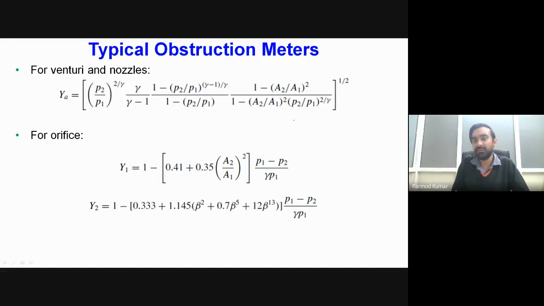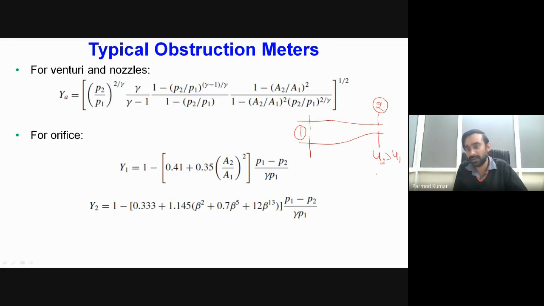Generally, in case of obstruction, initially we have a wider section in the upstream, and then we reduce our cross section in order to create some obstruction for the flow. While we are creating the obstruction to the flow field, the velocity corresponding to plane 2 will be more in comparison to the velocity corresponding to cross section 1.